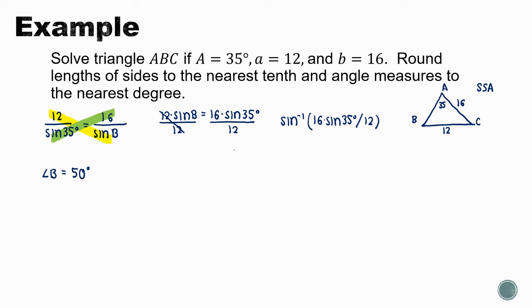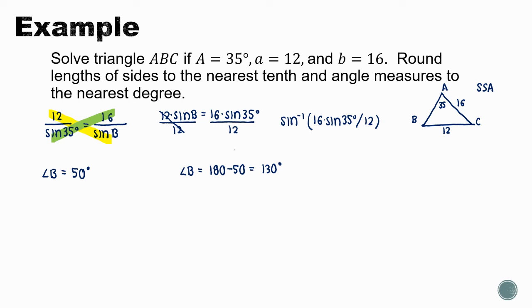But remember, for us to determine if we have a second triangle, I want to take that measure. So now I want to see what the other angle B measure could potentially be. So we take 180, we subtract 50 from it. That gives us 130 degrees.